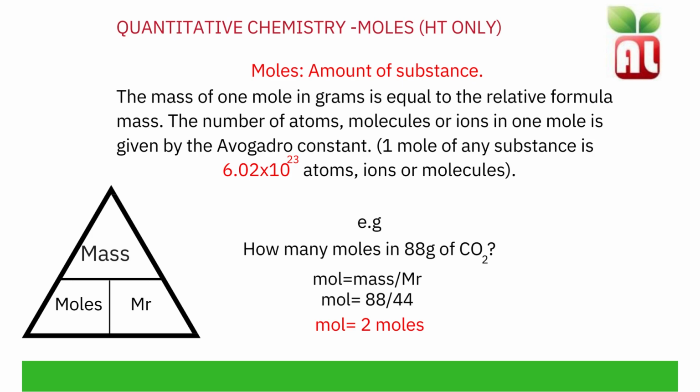Therefore, moles equals 88 grams divided by 44, the 44 being the relative formula mass of CO2. 88 divided by 44 equals 2 moles. Therefore, 2 moles of carbon dioxide would equal 2 times 6.02 times 10 to the power of 23 molecules.